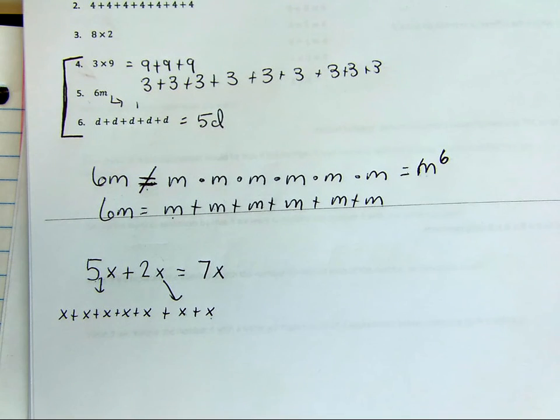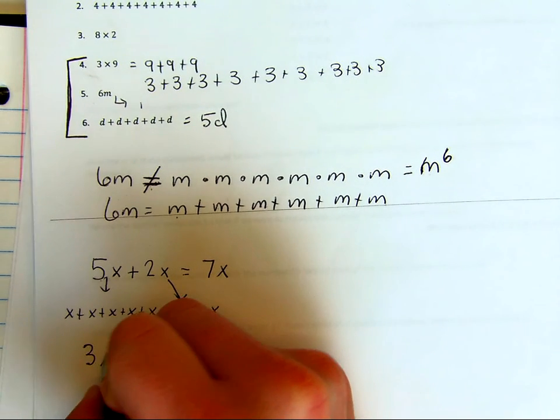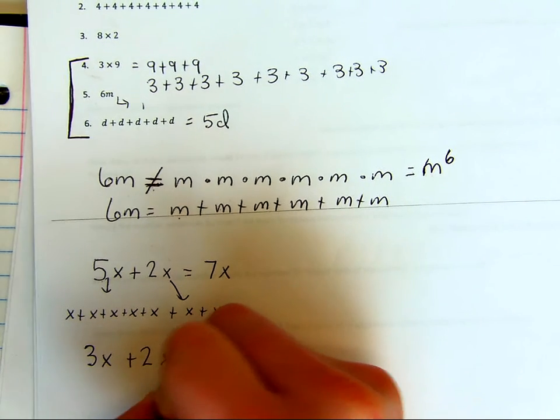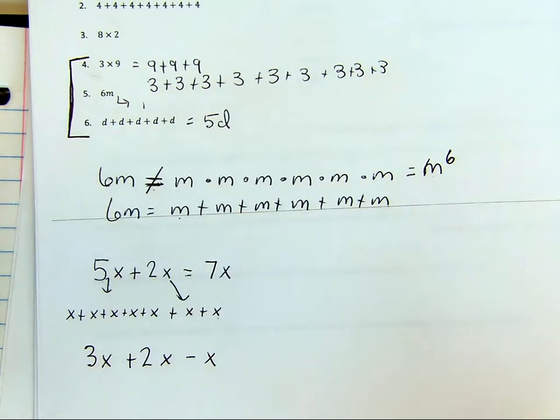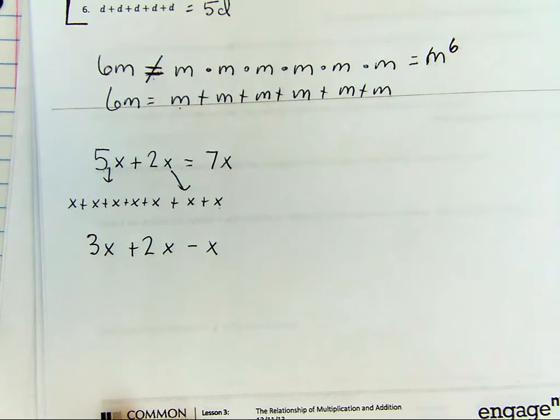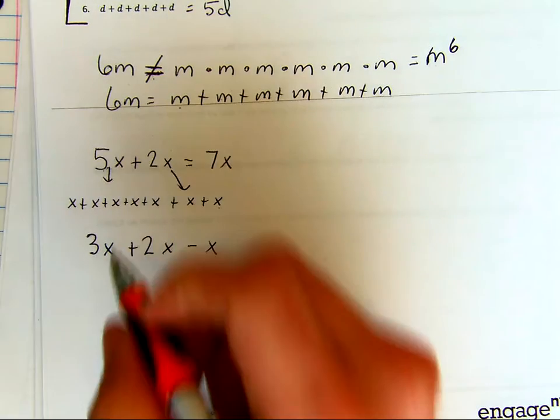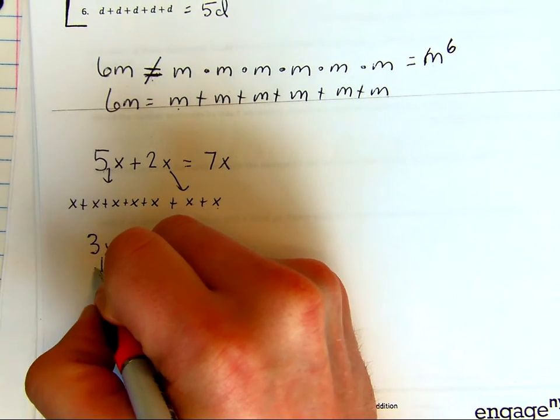Last question, okay? So we know that. What if I said 3x plus 2x minus x? Well, before we do this, let's think of 3x in expanded form.